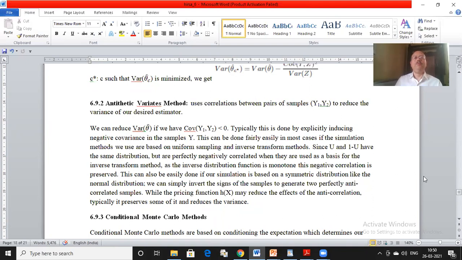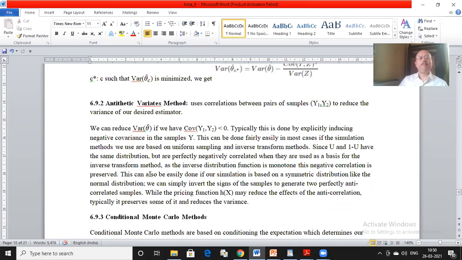How? One very easy method to do this in most of the simulation situations is that, you see, any simulation is after all using the uniform sample. When we discuss the random number generation from different probability distributions, we started from the uniform 0, 1 random variable, then use the inverse transform method to generate random variables from whichever distribution we want.